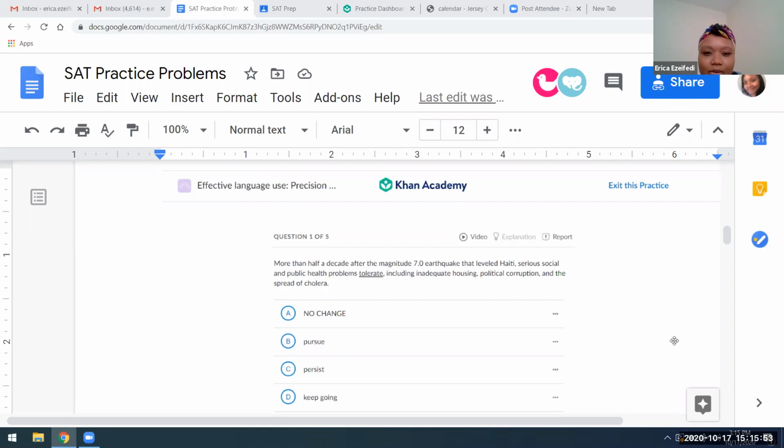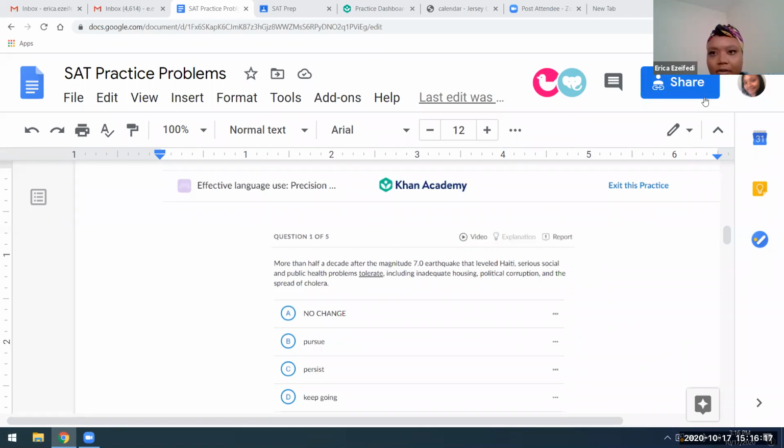So serious social and public health problems don't really like but allow, including inadequate housing, political corruption, and the spread of cholera. That doesn't make sense. So we know we're gonna have to change this, so we can rule out A.